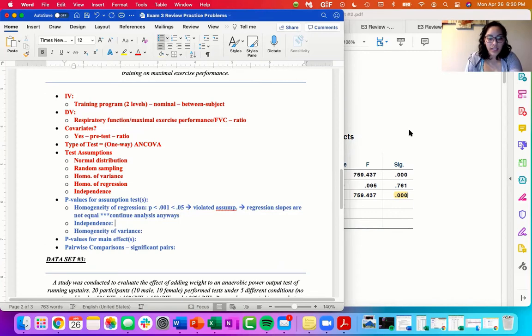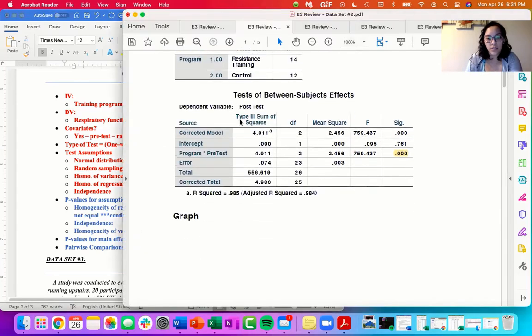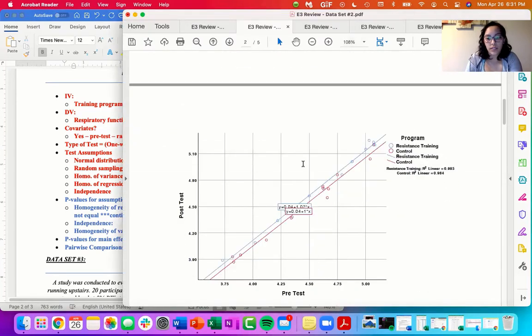So then we can look at independence, which again, we test independence by running a one-way ANOVA between the independent variable and the covariate, using the covariate as a pseudo-dependent variable in the actual analysis setup. So, here's the graph if you wanted to look at it.